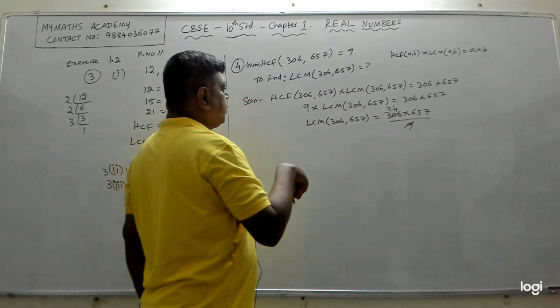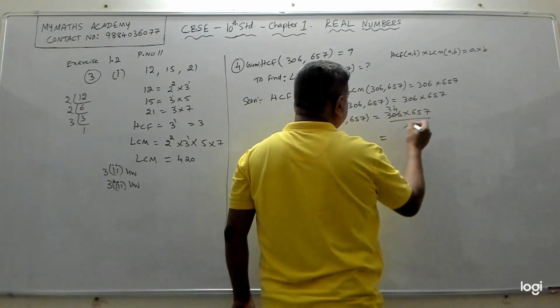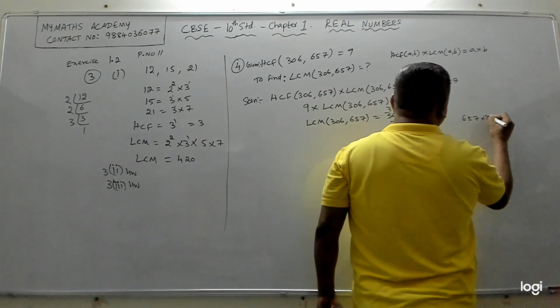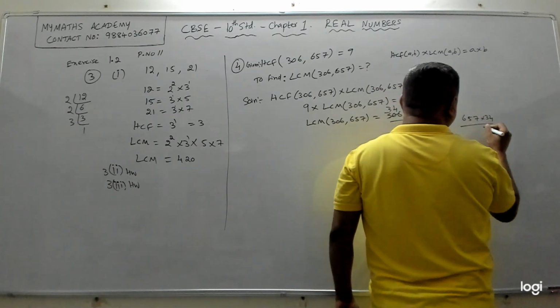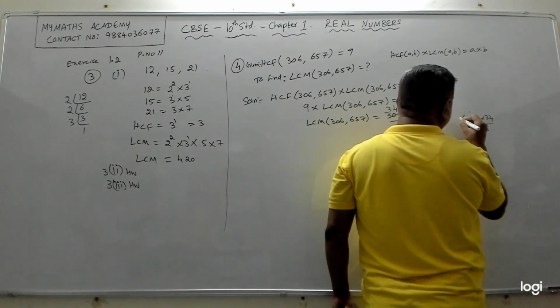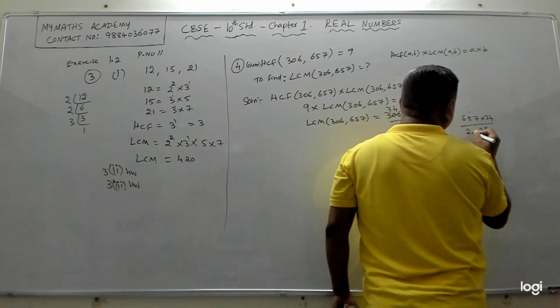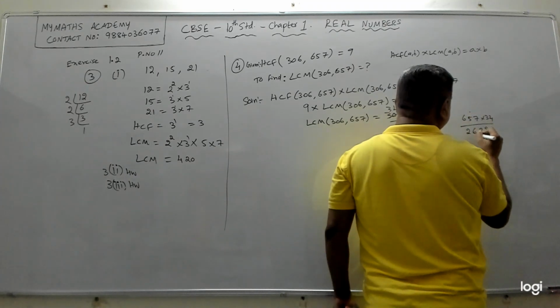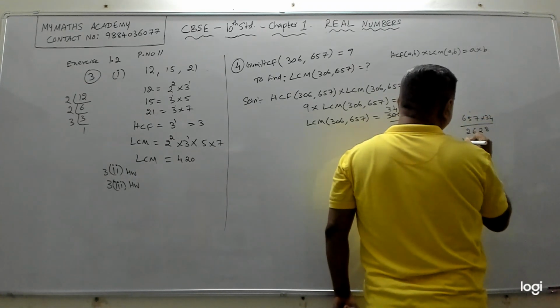Right? Now 34 into 657 we have to do. What is 34 into 657? Let's do that. 657 into 34. 4 sevens are 28, carry 2, 20, 22, carry 2, 24, 26. 3 sevens are 21, carry 2, 15, 17, carry 1, 19.